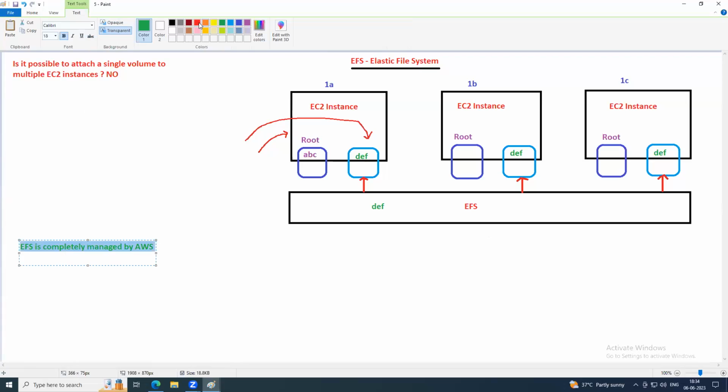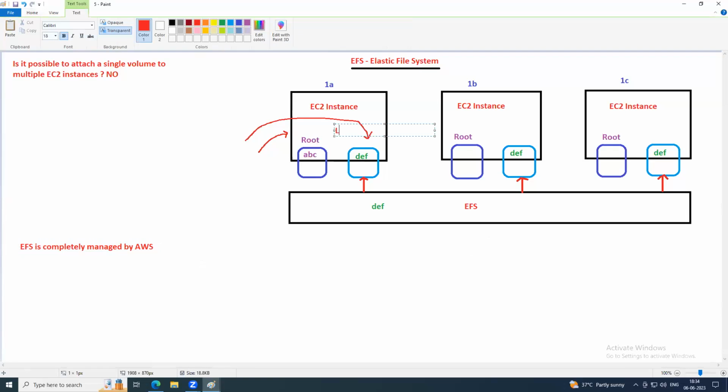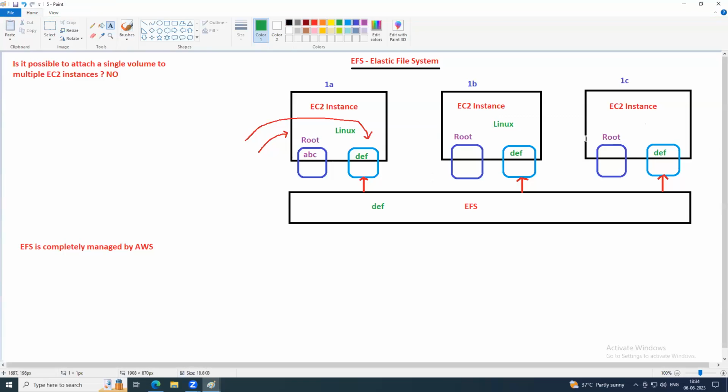And one more important thing here is this EFS is only for Linux EC2 instances. This EFS is for which operating systems? Only Linux. This is only for Linux instances.